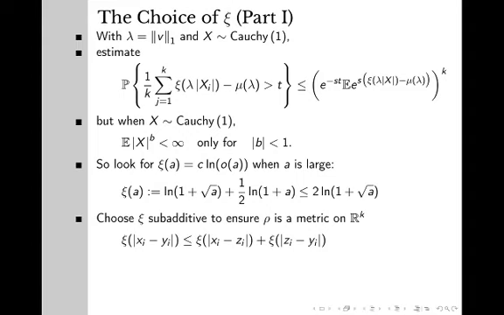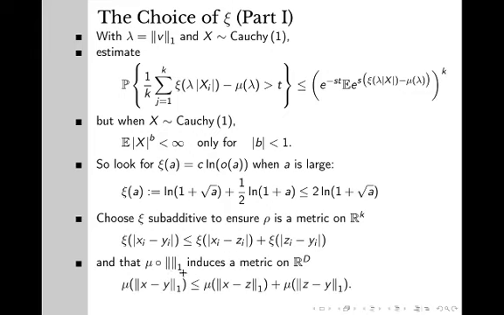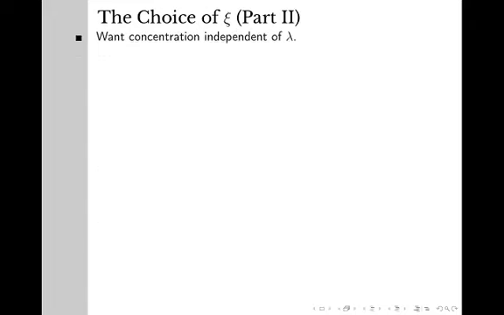Because mu is the expectation of xi, it inherits this non-negative subadditivity, so that mu after the 1 norm induces a metric on the original space. We want our concentration bounds to be as independent of the distance lambda as possible.